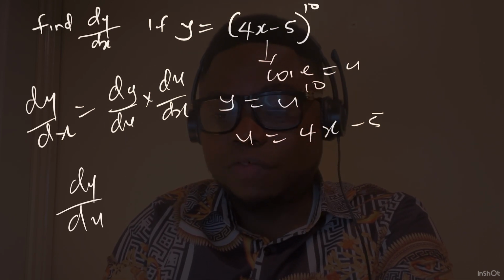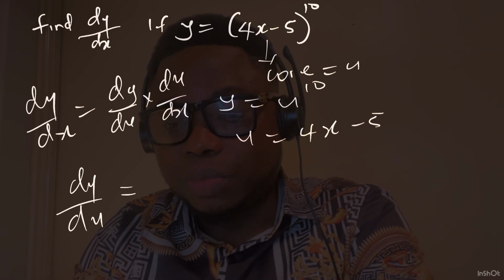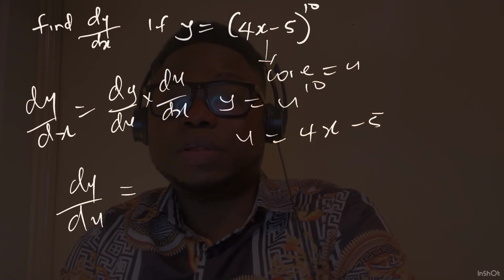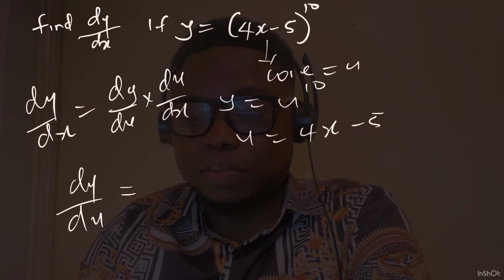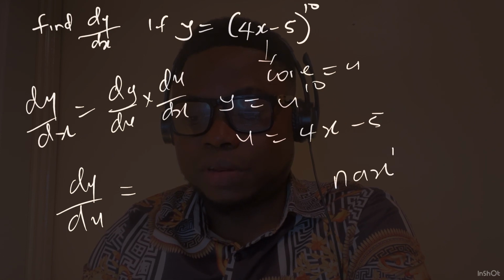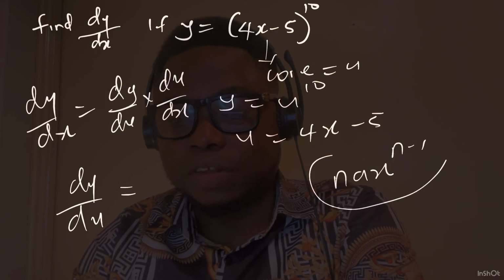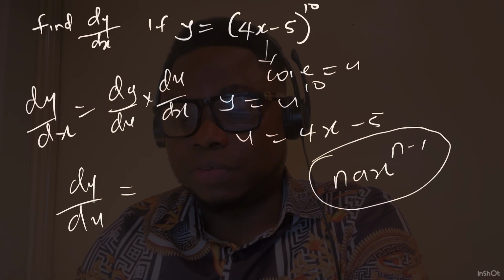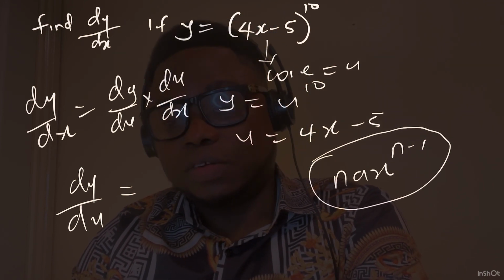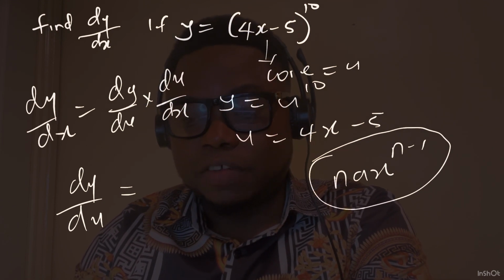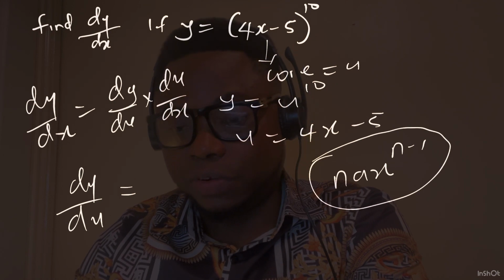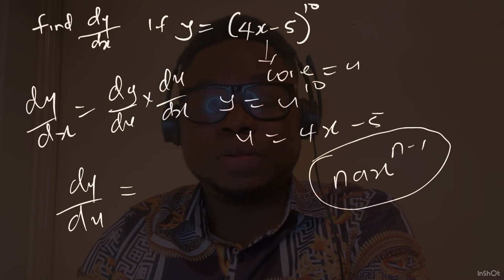Now, to differentiate y with respect to u, I'm going to have dy over du is equal to, and I'm going to remember that there is a general formula for differentiation, which is n a x raised to the power of n minus 1. So n here represents the exponent of u, which is 10, and x represents u. a is the coefficient of x, which is the coefficient of u, and n is still the exponent, which is 10.